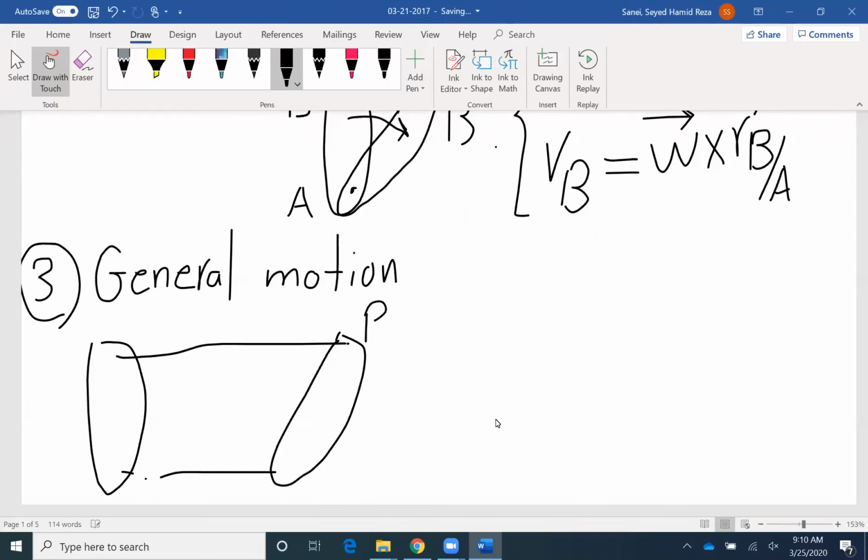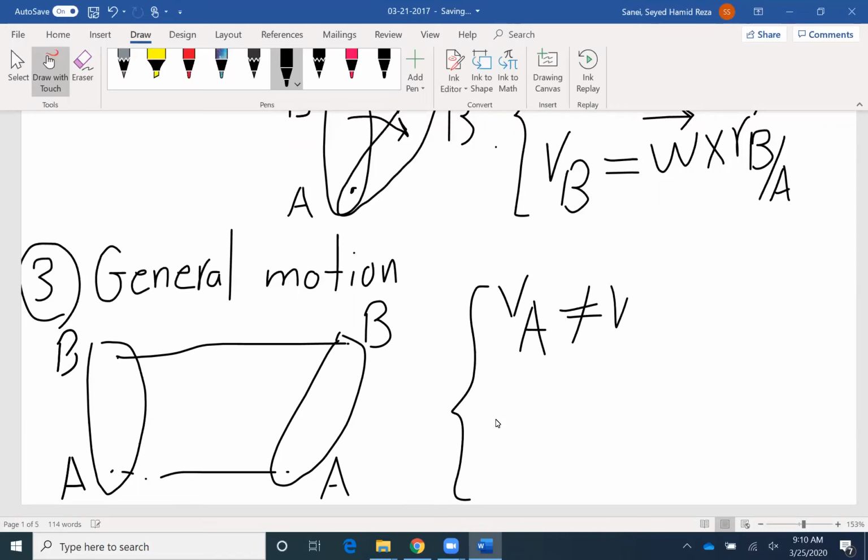In that case, the velocity of point B is not the same as the velocity of point A. We can break this general motion into two simple motions that we talked about earlier. It is true that VA is not the same as VB simply because the displacement is not the same. But we can break it into translation and rotation.